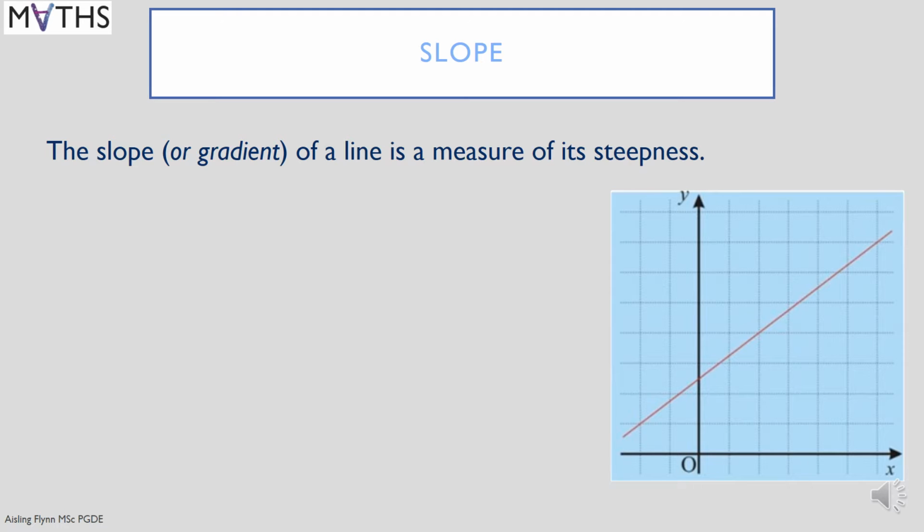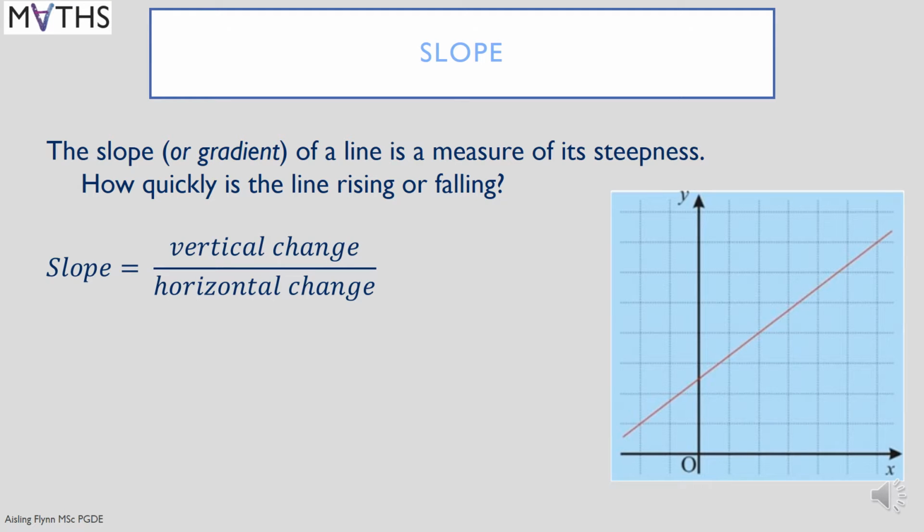The slope or gradient of a line is a measure of its steepness. So how quickly is the line rising or falling? And to measure it, we would study the vertical change against the horizontal change. So the slope is given by vertical change over horizontal change when you compare these two.